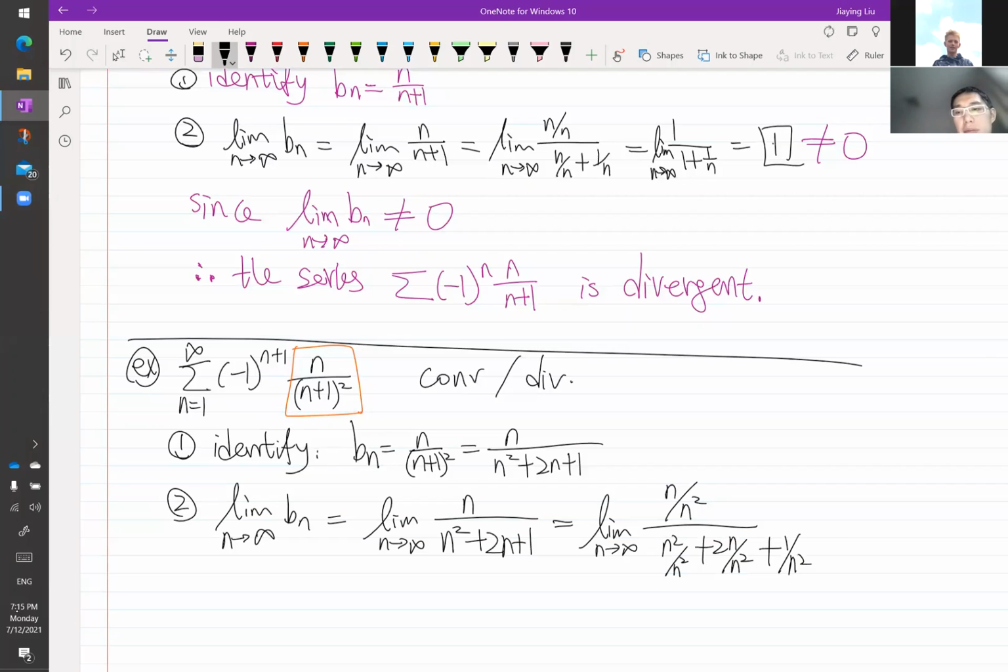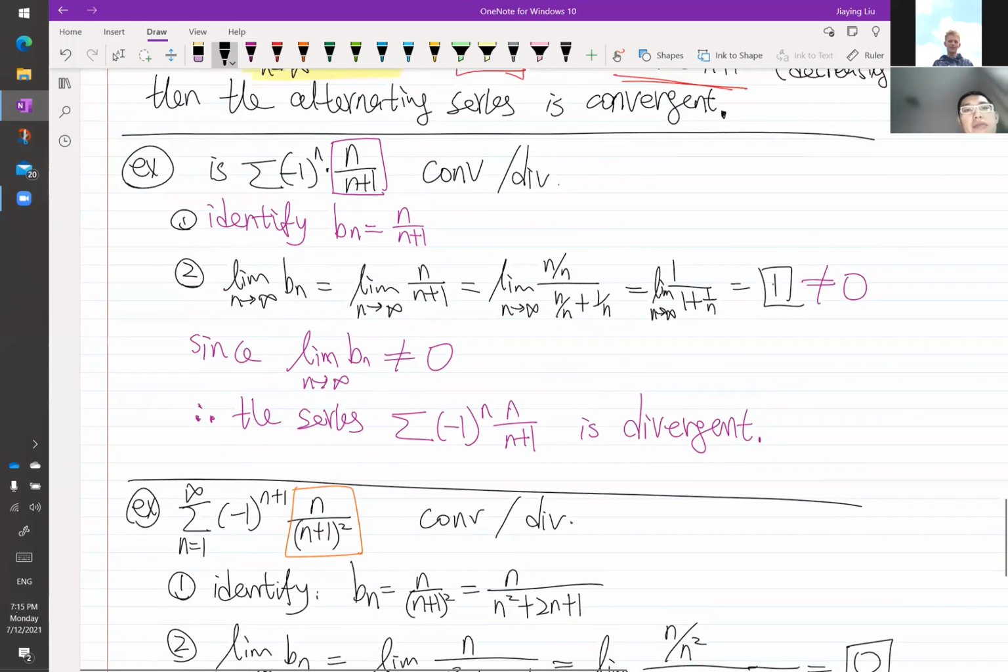You can simplify a little bit, and it turns out that the numerator is 1 over n, but as n goes to infinity, we get 0. So we end up with a 0. What this tells us is that the limit of Bn is equal to 0. So that first condition in the test is satisfied.